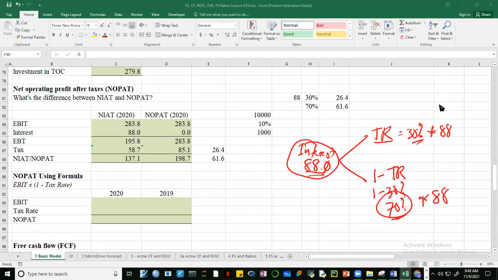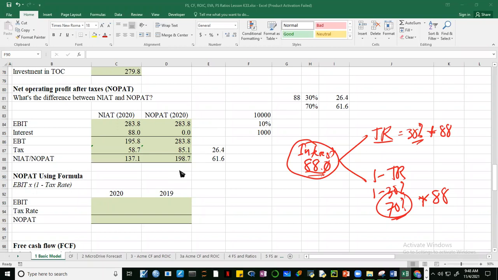Okay, so looks like clear naman so far, no? So quickly review lang natin, guys, net income after tax and NOPAT are two different things, no? Because net income after tax includes all the costs, operating costs and financing costs. For NOPAT, as the name suggests, operating profit after tax, we're not including the financing cost, which comes in the form of the interest expense. So tinanggal natin si interest expense.